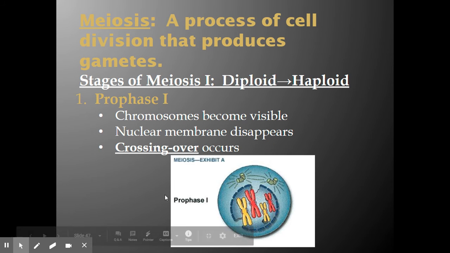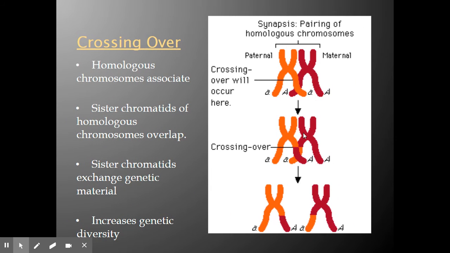This is what it looks like. We have our centromeres moving apart like we normally do. If we were looking at mitosis, we got our chromosomes being made, like all of our DNA is winding up, that kind of stuff. Okay? We just have something new happening called crossing over.